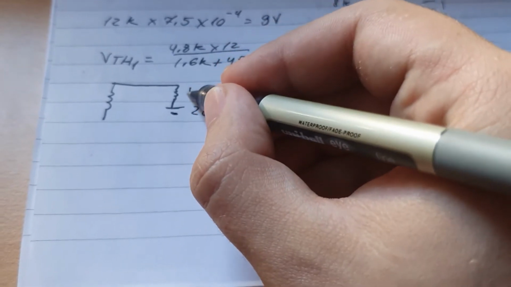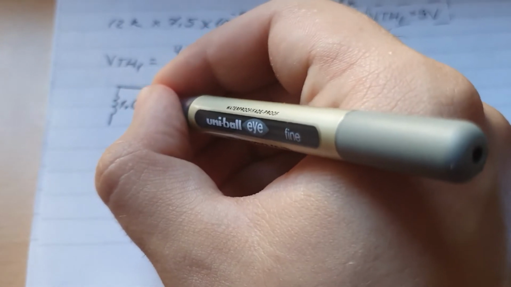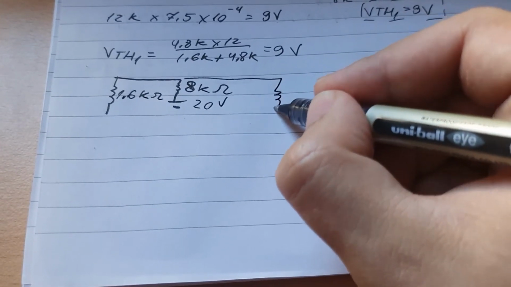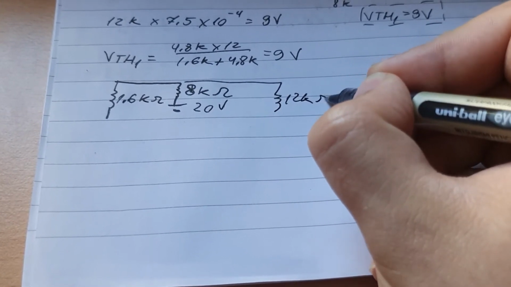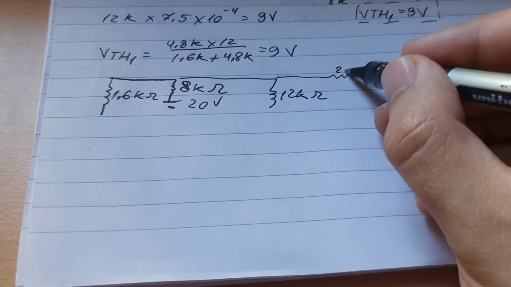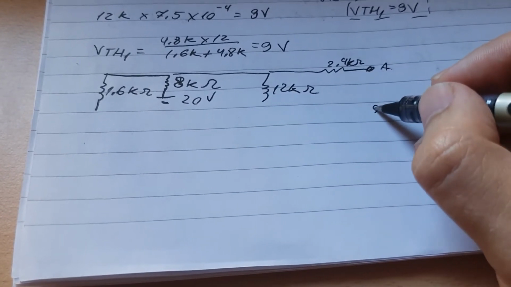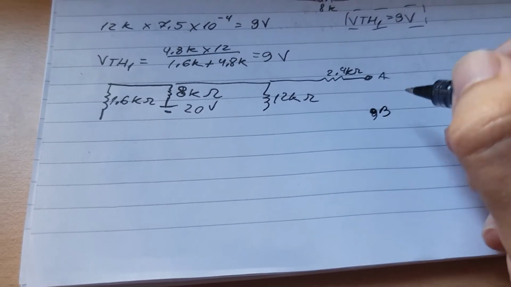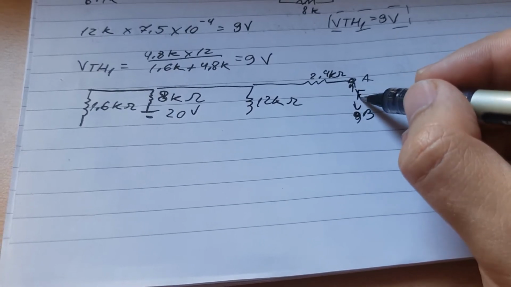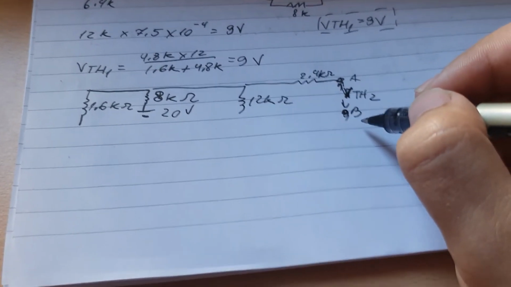So you got 20 volts, 8k ohms, 1.6k ohms, 12k ohms, there you go, 2.4k ohms, A, B, and VTH2.